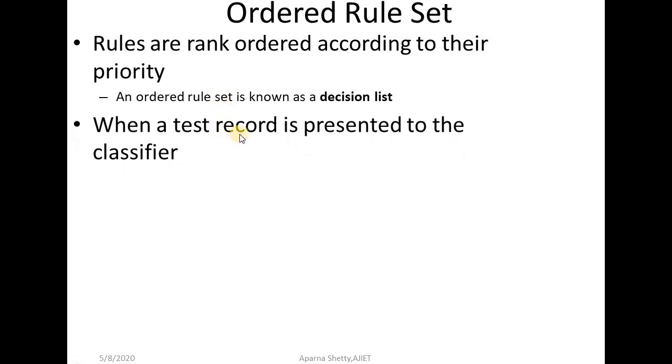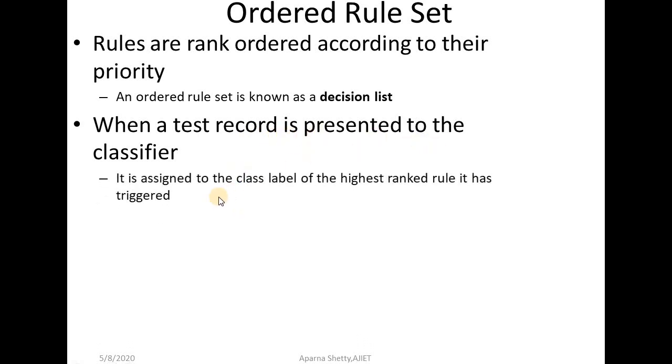When a test record is presented to the classifier, it is assigned the class label of the highest ranked rule it has triggered. Suppose none of the rules are fired, then it will be assigned to the default class.